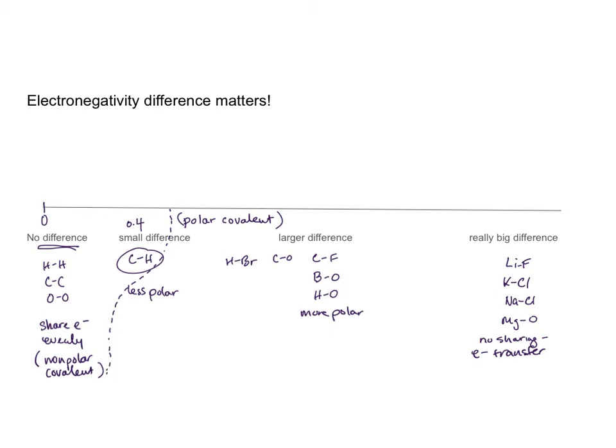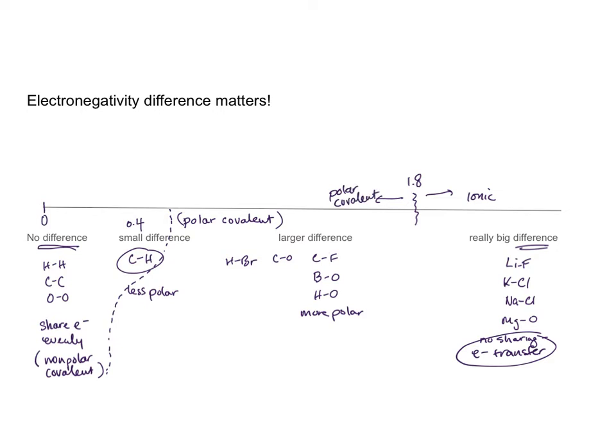But such a small difference that it really doesn't amount to much unevenness at all. As we get to larger differences, if we reach the point where we have a 1.8 cutoff, if you're greater than a 1.8 difference, the bond will be ionic, this transfer we're talking about. And if we're less than 1.8, it will be polar covalent.